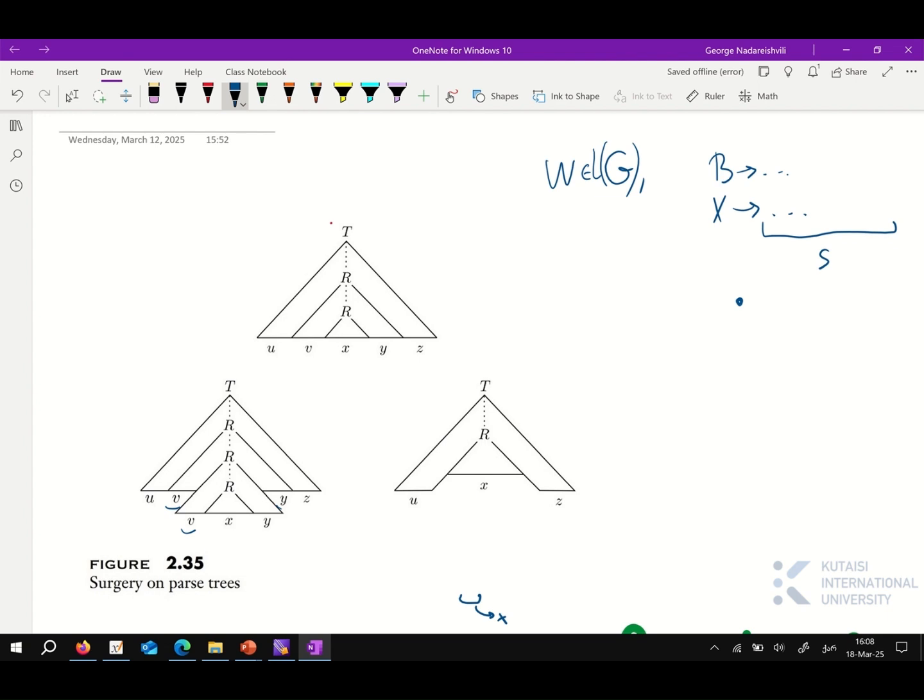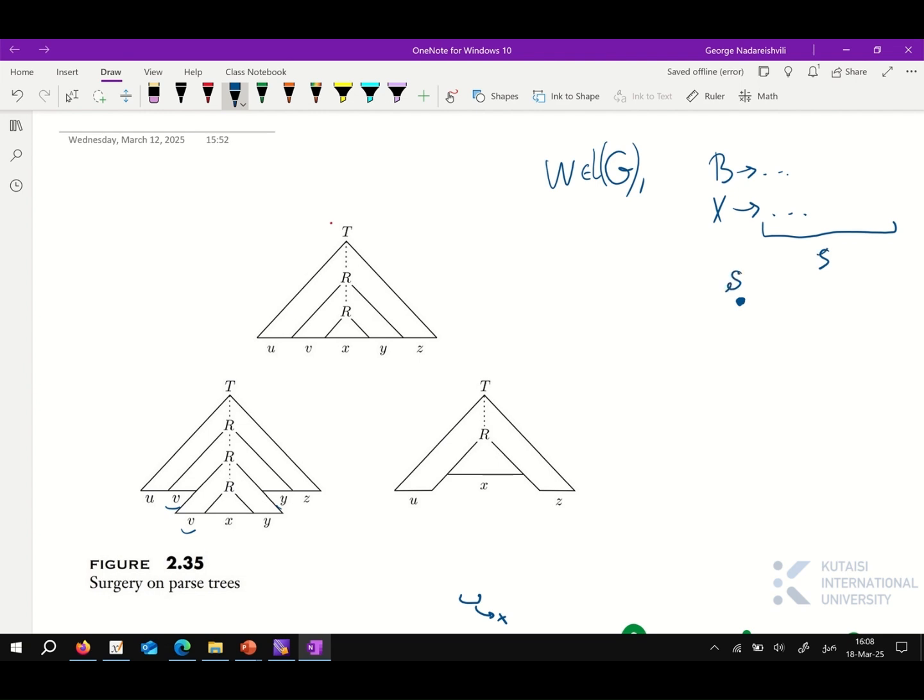If your word has a derivation tree, now I look at derivation trees. So I start at the root, the start symbol, maybe big S. This is small s here, by the way.